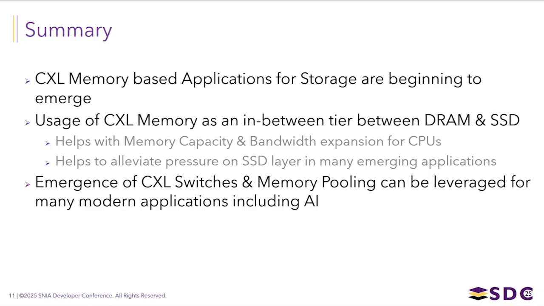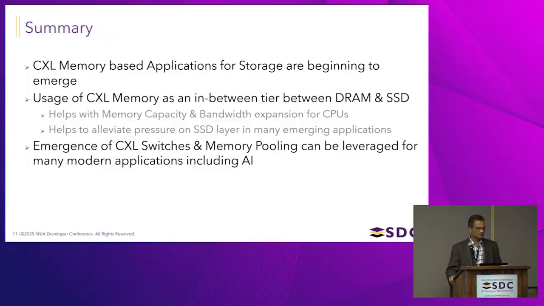So to summarize, right? CXL memory, as we know, is still new, but it is definitely helping the storage industry here. CXL-based applications are definitely beginning to emerge. Basically, it's a use of CXL memory as a tier between DRAM and SSDs, right?